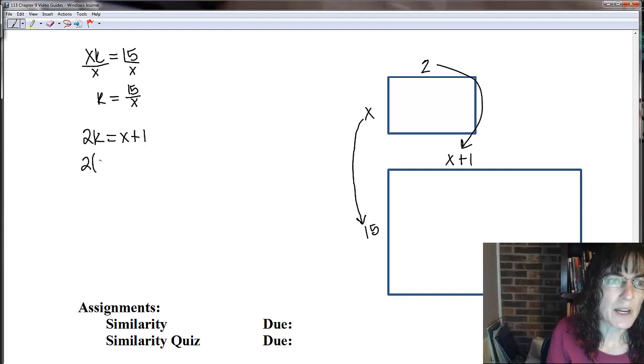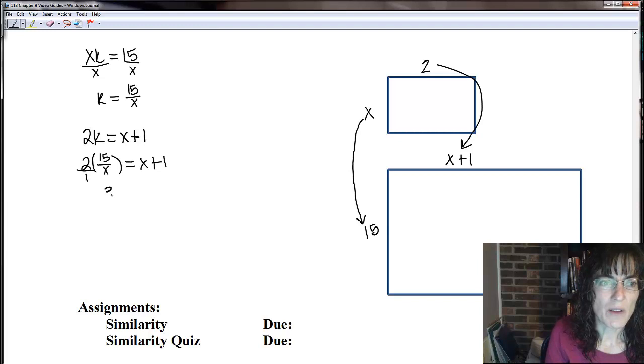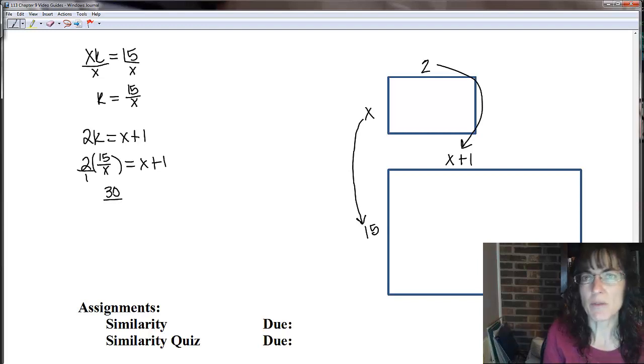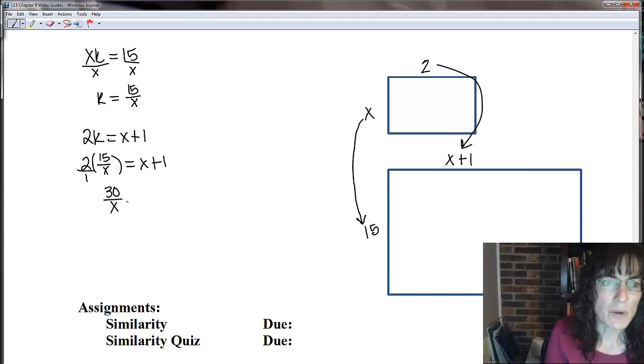and then 2 times 15 over X is going to be X plus 1, and think of it as 2 over 1, and that'll give me 30 because we multiply the fractions straight across, so 30 over X equals X plus 1.